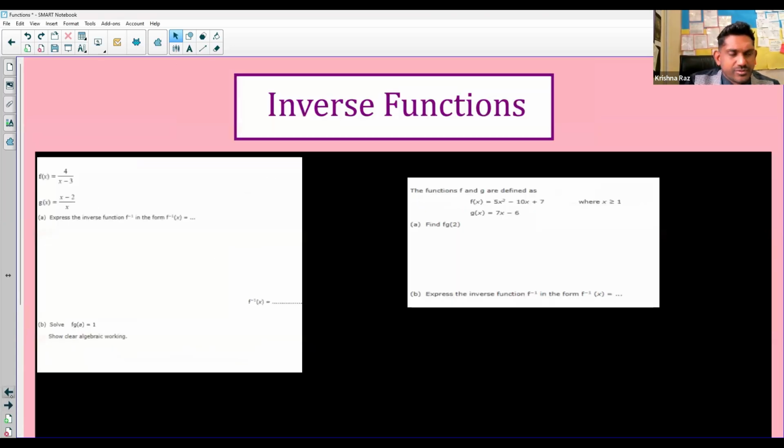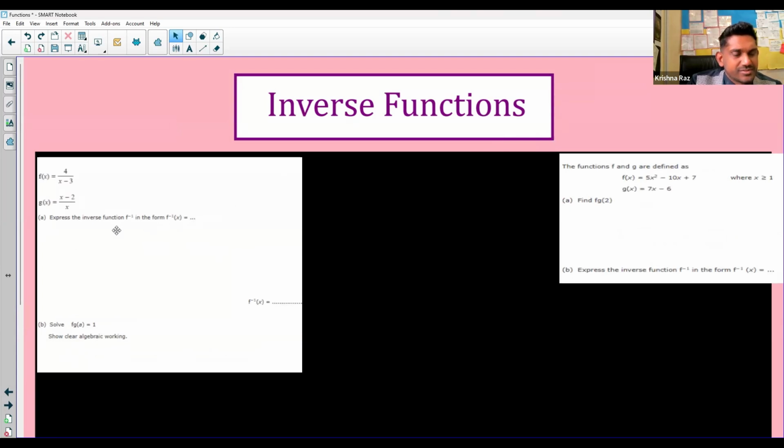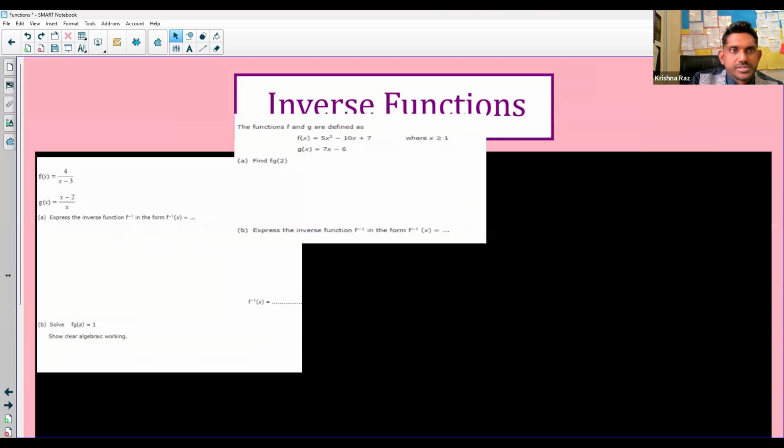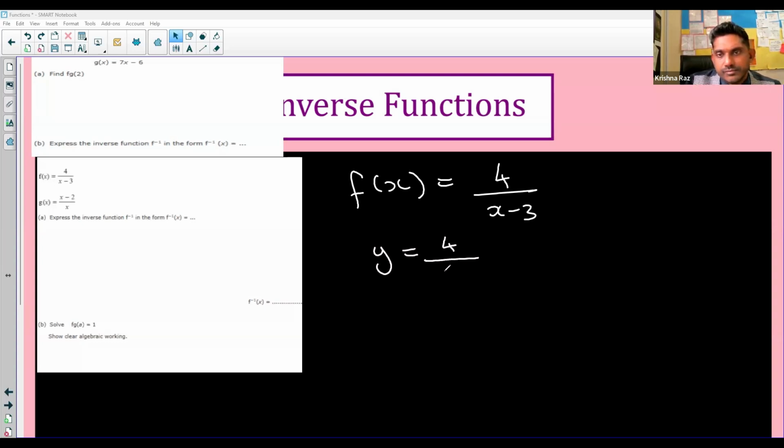So I've got quite a few examples to use here. Let's go with this. We can see it says find the inverse of f. So we have f of x equals 4 over x minus 3. First step, we write y equals. Then we swap the x and y's around.